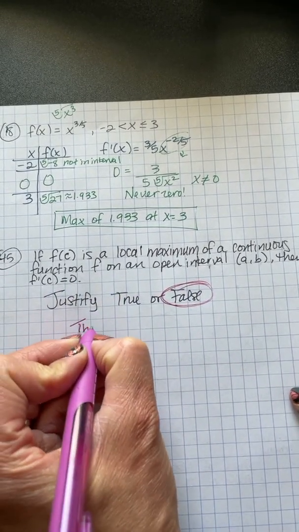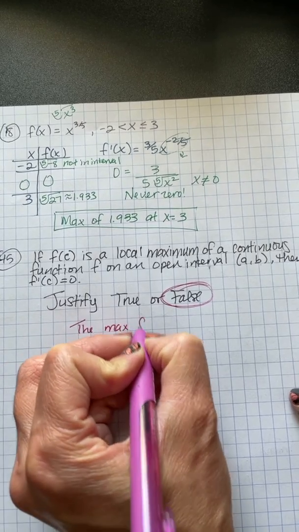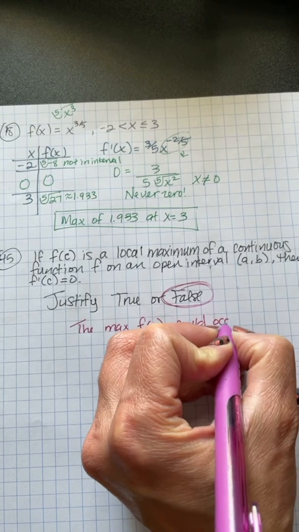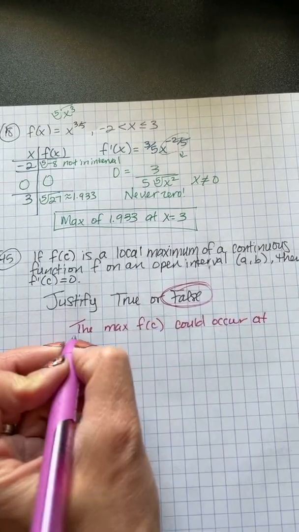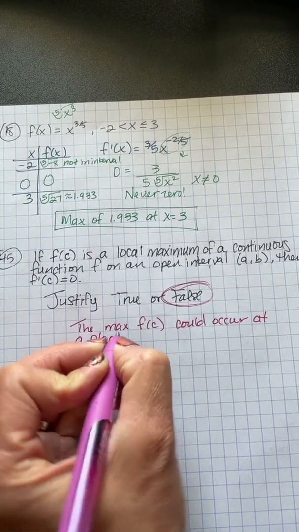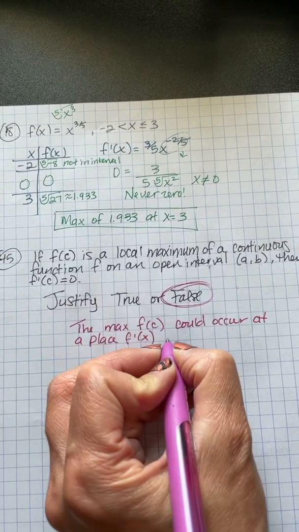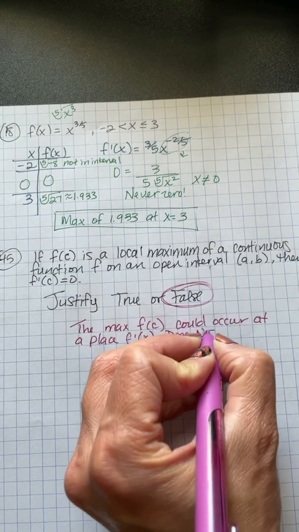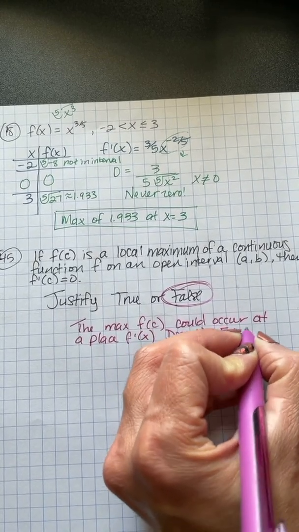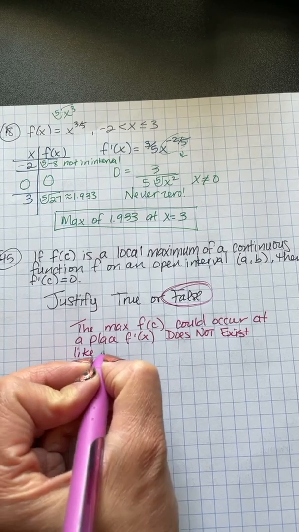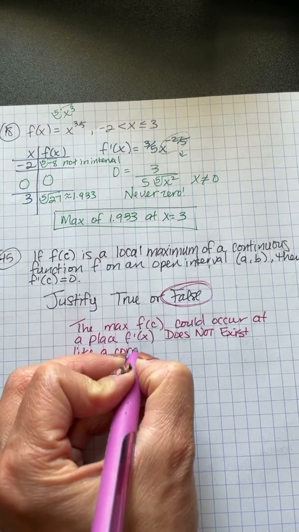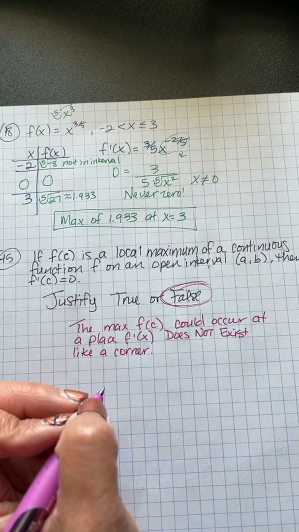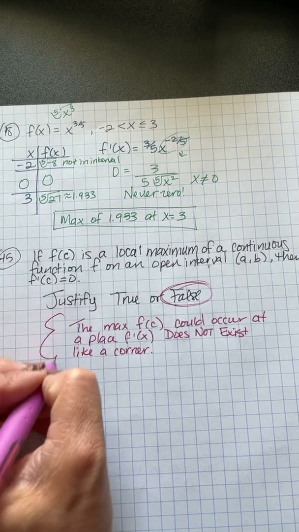So we can say the max f of c could occur at a place where f prime of x does not exist. Like a corner. It could be a maximum there, but it doesn't have a derivative that exists there because it's a corner. So there's a possibility.